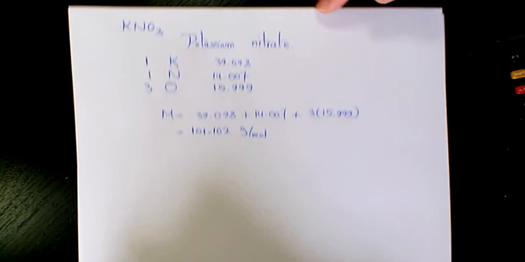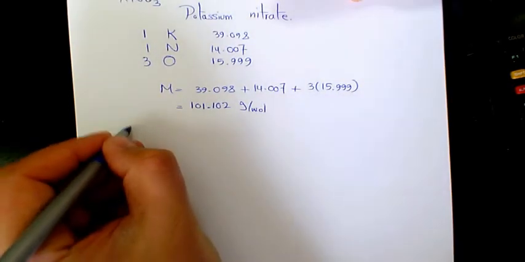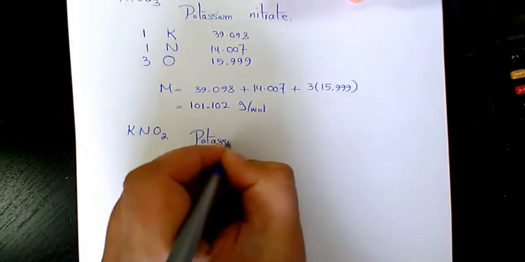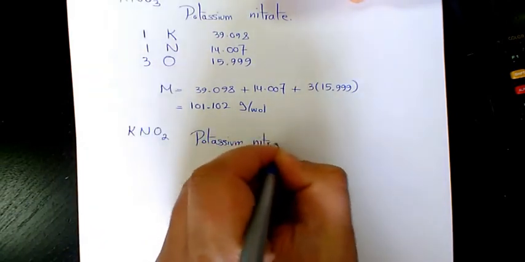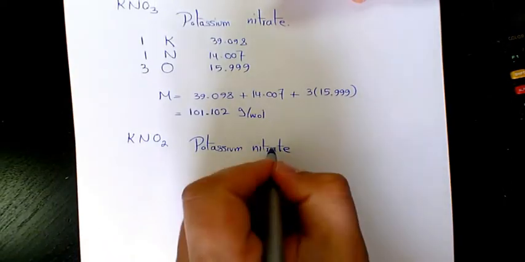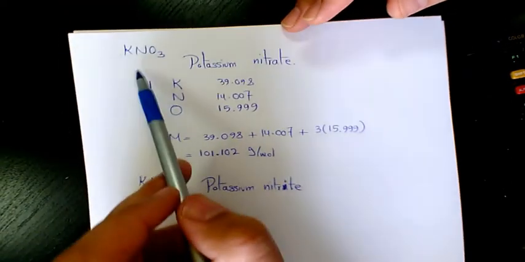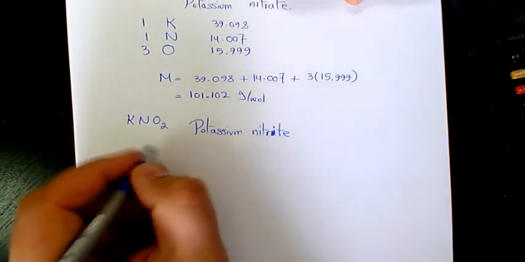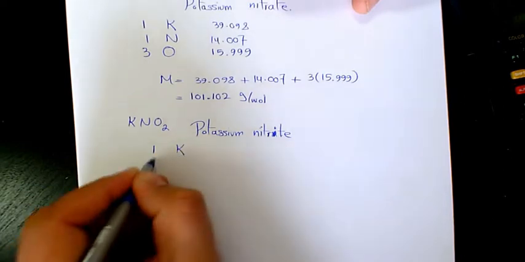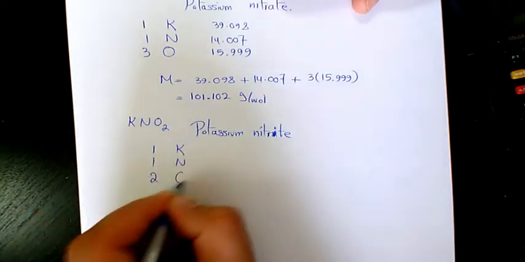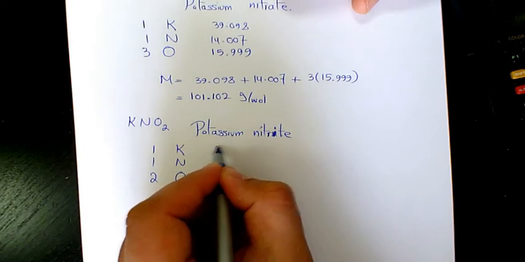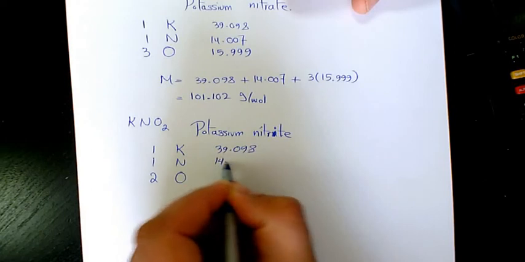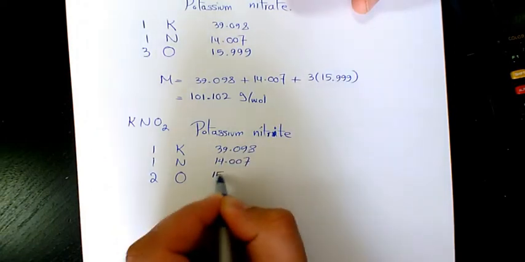This is potassium nitrate. Let's have potassium nitrite, KNO2. These are polyatomic ions: NO3 is the nitrate ion, NO2 is the nitrite ion. So 1 atom of potassium, 1 atom of nitrogen, and 2 atoms of oxygen. K is 39.098, N is 14.007, and oxygen is 15.999.